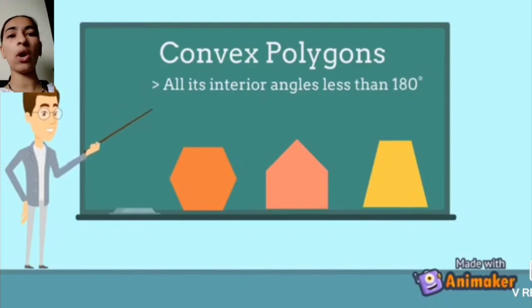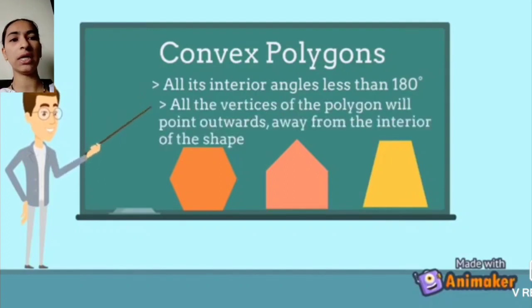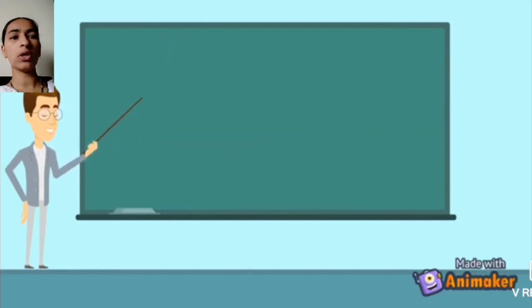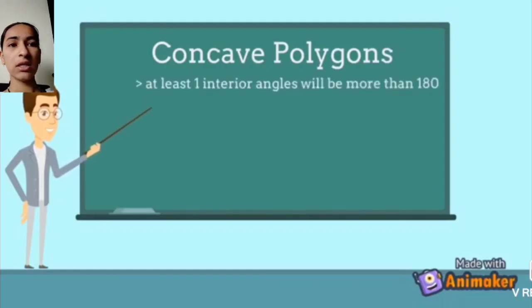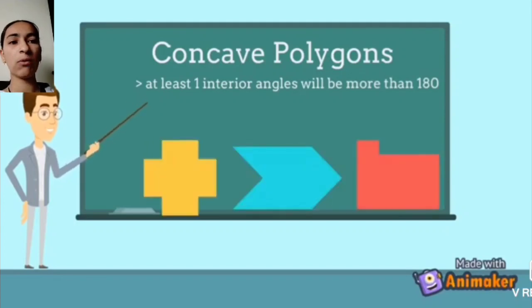Okay, if all the angles are less than 180 and all the vertices of the polygon point outward, then that is called convex. And what about concave polygon? If at least one interior angle is greater than 180, then these are called concave polygon.